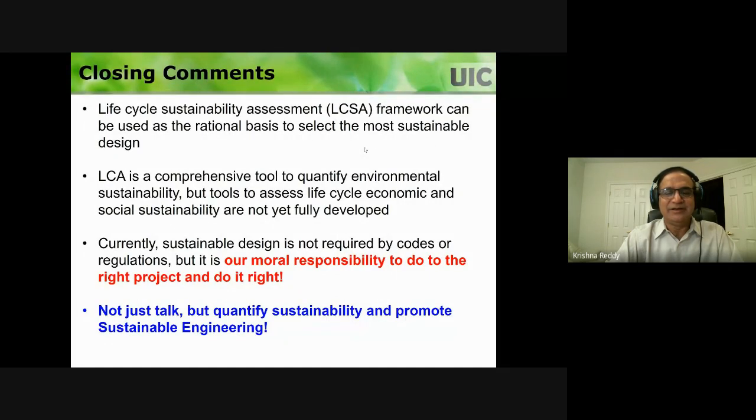I have heard hundreds of presentations, if not thousands, and I get sick of hearing those presentations because, well, yeah, I know sustainability is important. I know climate change is important, but what should I do? Tell me, what should I do? So that's what I mean. Let's get into action, not just talk about it.